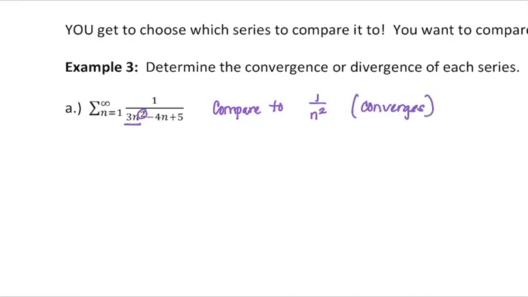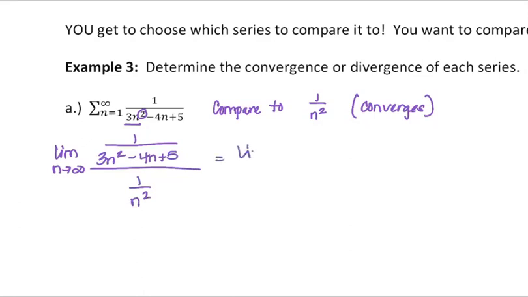So what we want to look at is the limit as n approaches infinity of our original series, 1 over 3n squared minus 4n plus 5, divided by the series that we're comparing to, which is 1 over n squared.